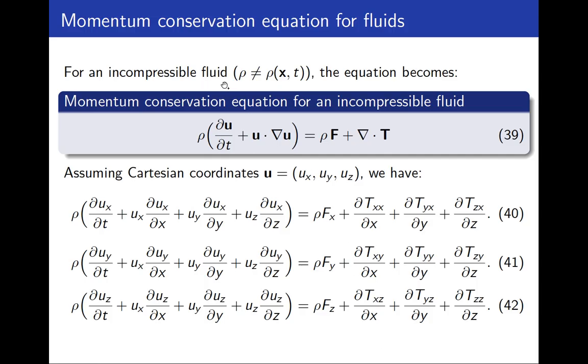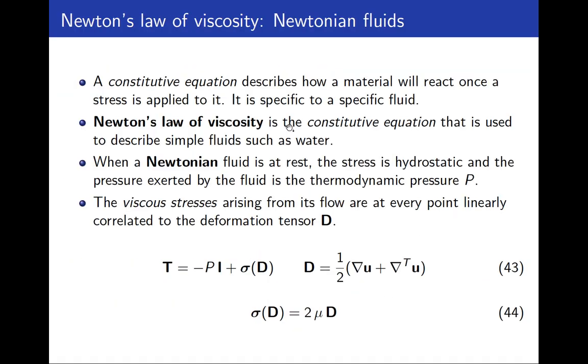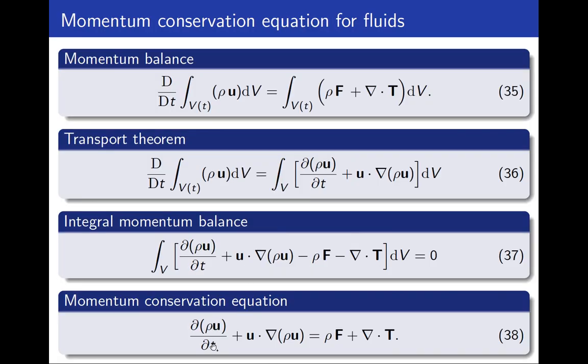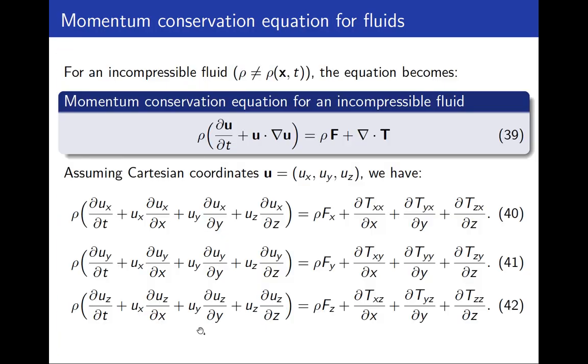So we are particularly interested in studying incompressible fluids, such as liquids. So that means that the density is not going to change with position, and it's not going to change with time. So this equation becomes like this. So we just basically take the density out of the derivatives, and we obtain something like this.